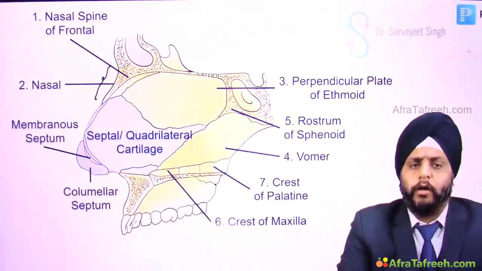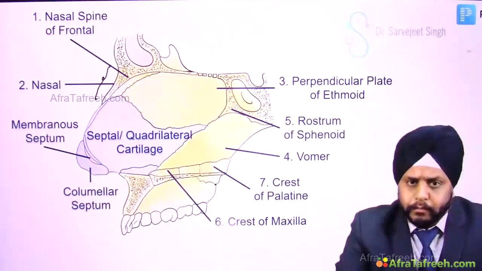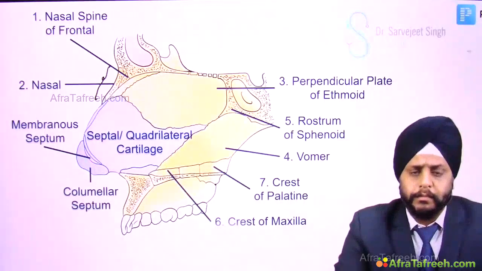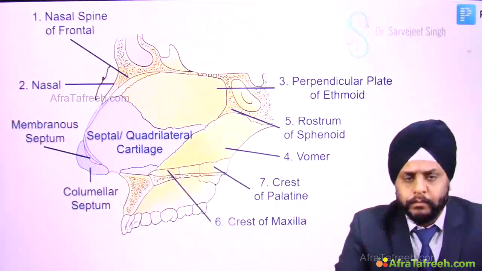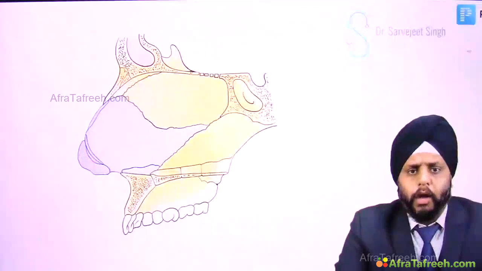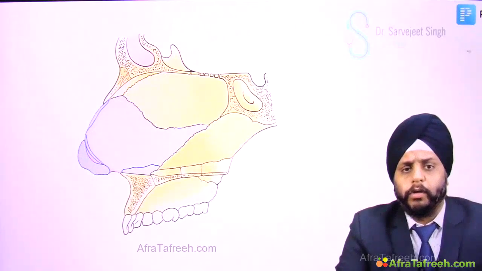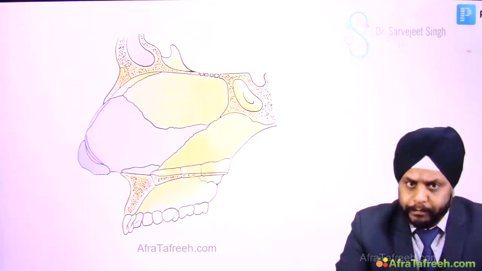So how many bones can you see contributing to the nasal septum? Seven bones. Let's remember them. Let's quickly redo it. How can we remember the bones which are contributing to the nasal septum?